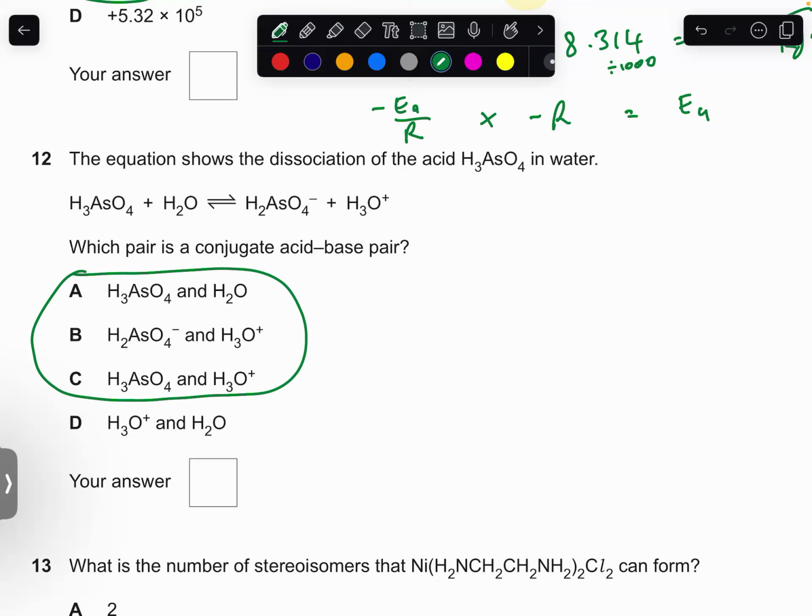Each of these three pairs are not the same thing with an H plus missing or gained. Only the last one: H3O plus is your acid, and H2O is acting as a base. This here and this here are your conjugate acid-base pairs. And the mark scheme supports that. D.